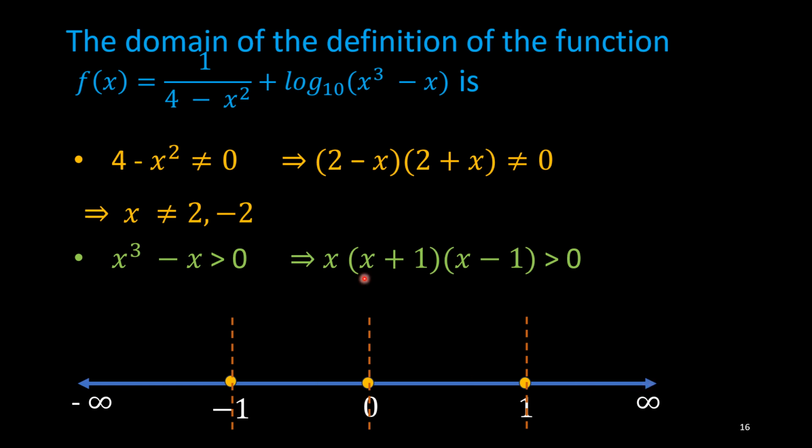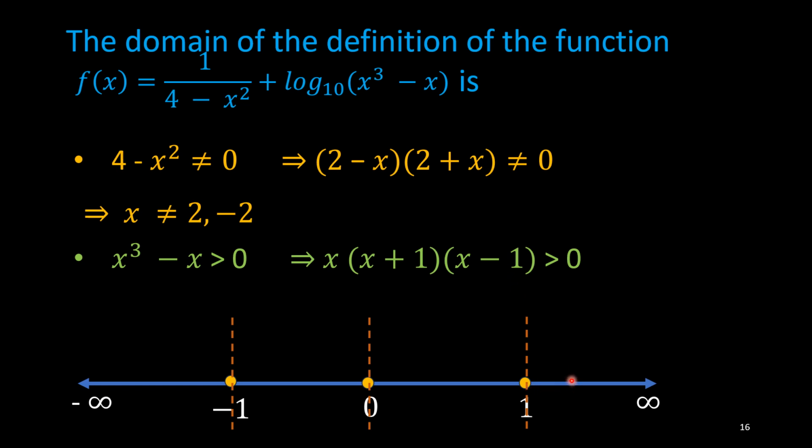Now for which range, which set of real numbers, will this product be positive? That we need to understand. Suppose I consider a point here, say 2. If I put x equal to 2, it is positive. 2 plus 1 is obviously positive, because 2 is on the right hand side of minus 1. And x minus 1 is again positive, because 2 minus 1 is positive, since this point is on the right side of 1.